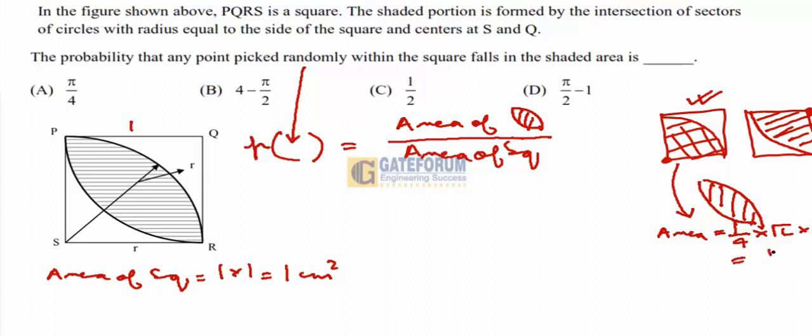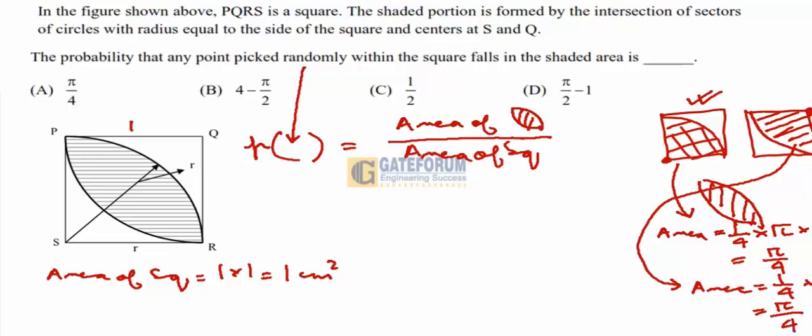So that is equal to pi by 4. Now what will be the area of this one? The area of that one will also be a quarter circle into pi into 1 square, right? So this would also be pi by 4.